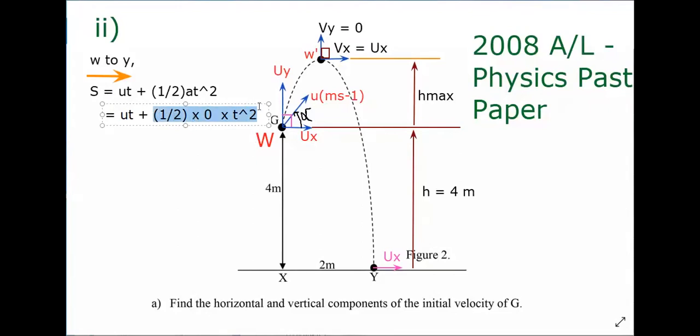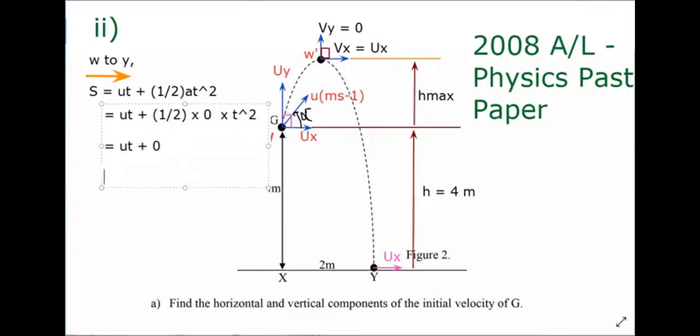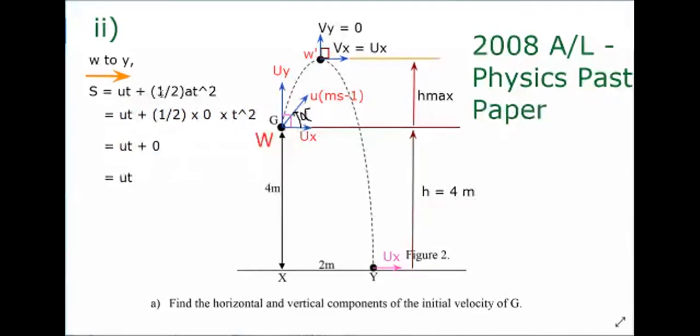Therefore, half into 0 into t square is 0, so you get ut plus 0. So along the horizontal direction, the equation s equals ut plus half at square just becomes s equals ut. In school, your teacher will directly write s equals ut without writing these steps.